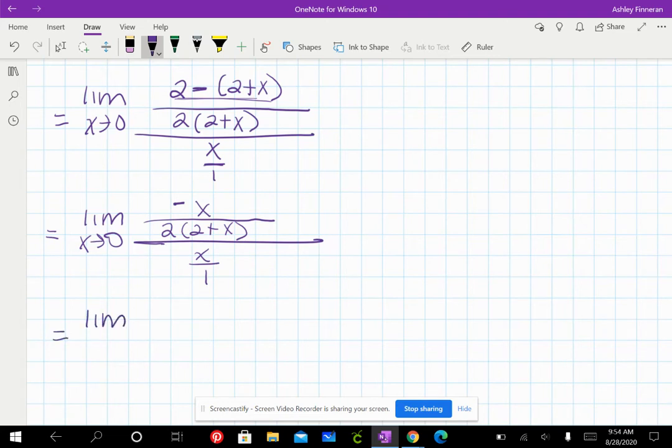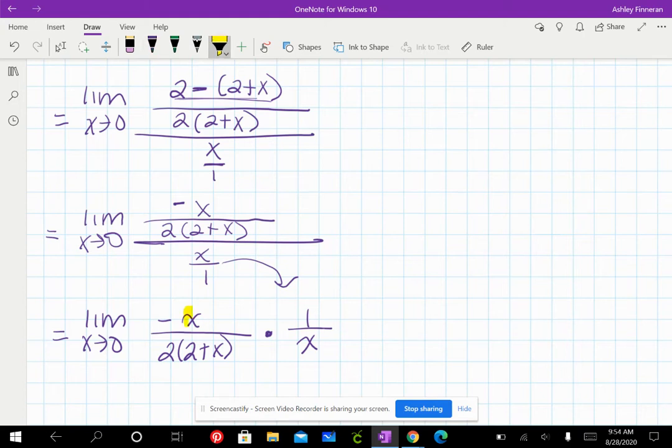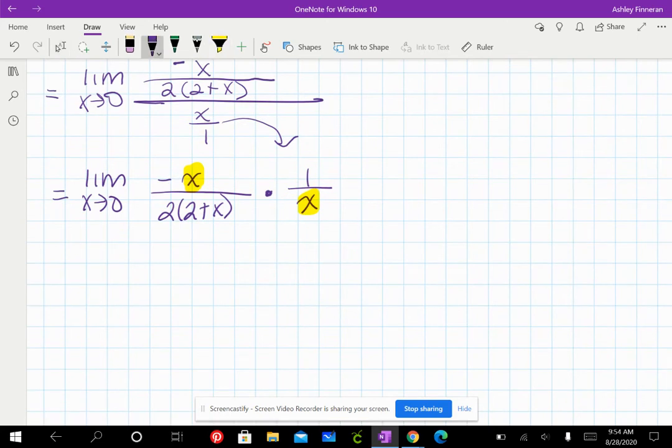So now I'm going to change the division to multiplication by the reciprocal. So I have negative x over 2 times 2 plus x, times 1 over x. So I flipped that and changed it to multiplication. Now I hope you notice that x divided by x is just 1.